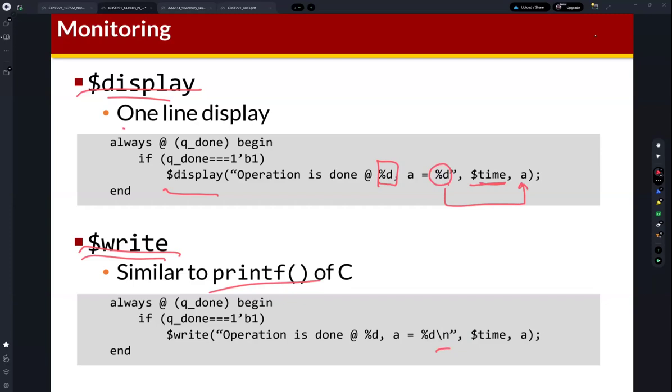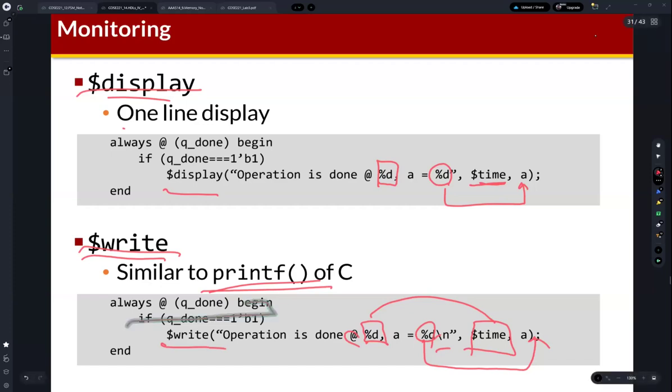So this is equivalent to the printf function of C. The operation is done at %d, and %d is the time. Then another %d is the A. So it means that the printf is executed at this condition, right?